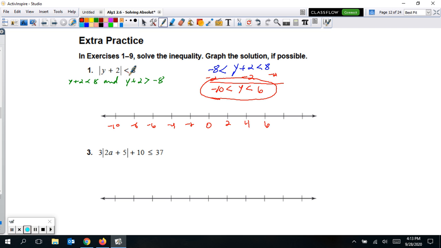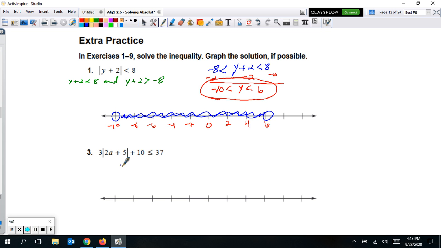If there is an equal to, it doesn't change anything about how you solve it. It just changes that it's a closed hole instead of an open hole. So we're going to have open holes on both of these, an open hole at negative 10 and an open hole at 6. And the shading should be in between, since y is in between those two points.